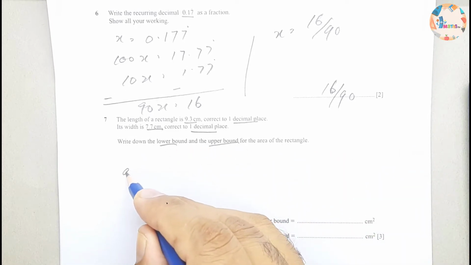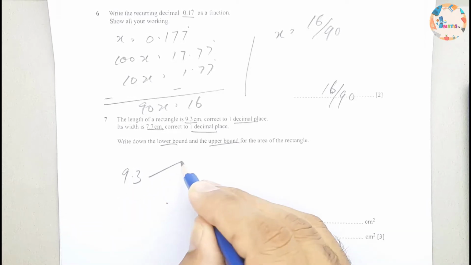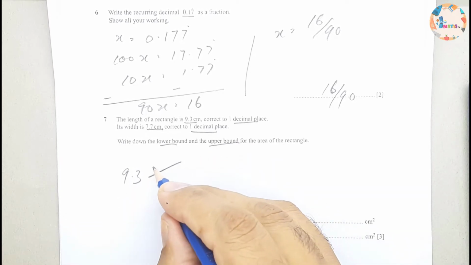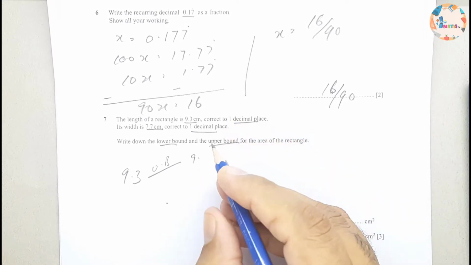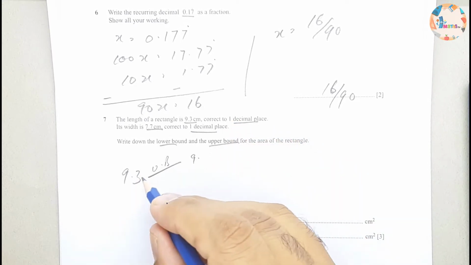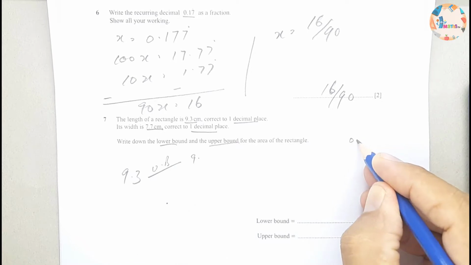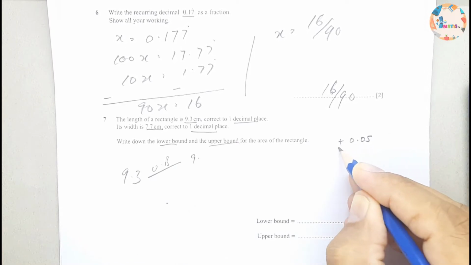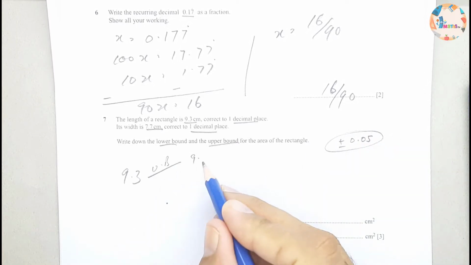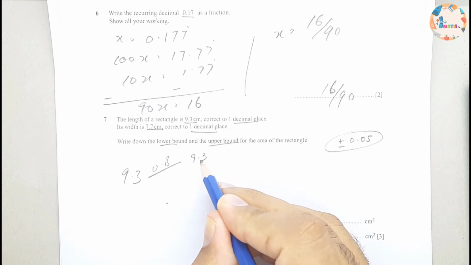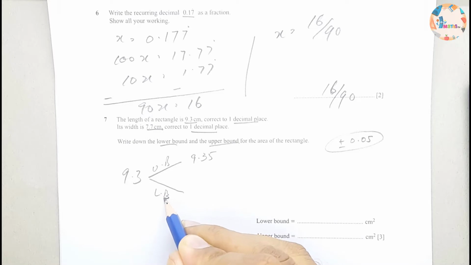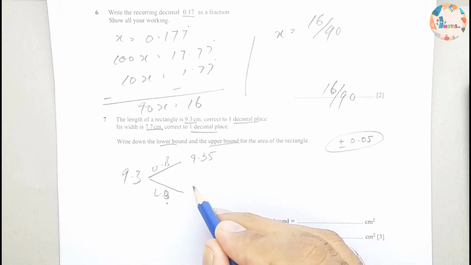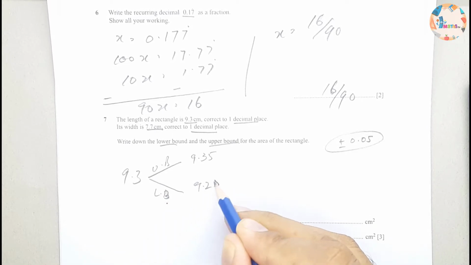So for 9.3, the upper bound up to one decimal place: we have to plus or minus 0.05. So the upper bound will be 9.35, and the lower bound will be 9.25.